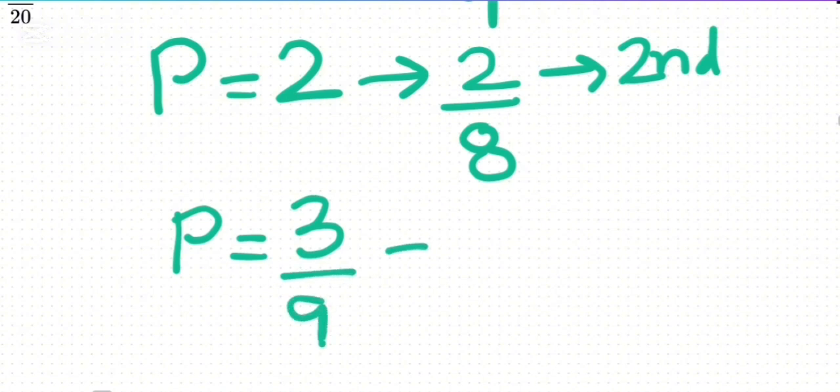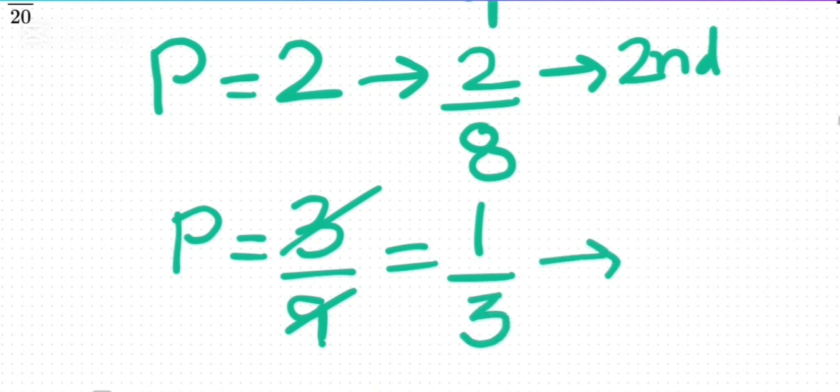After cutting it becomes 1 out of 3, which is the first ball. I'm writing it again because I didn't cut these values.